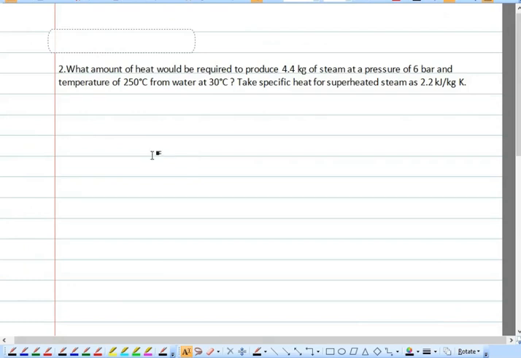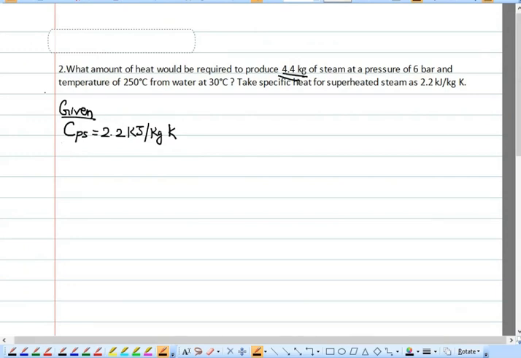So first you write down what is the given data. So given data is the specific heat of superheated steam is given as 2.2 kilojoule per kg Kelvin and 4.4 kg of steam has to be produced.